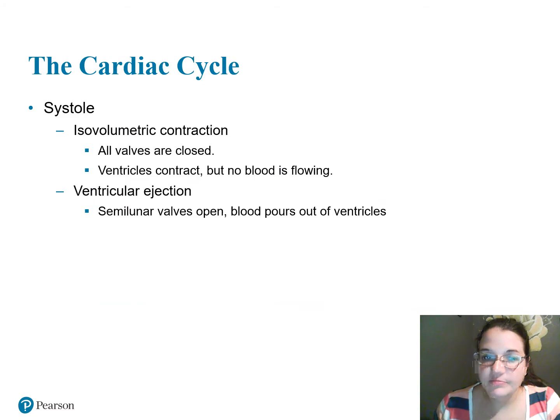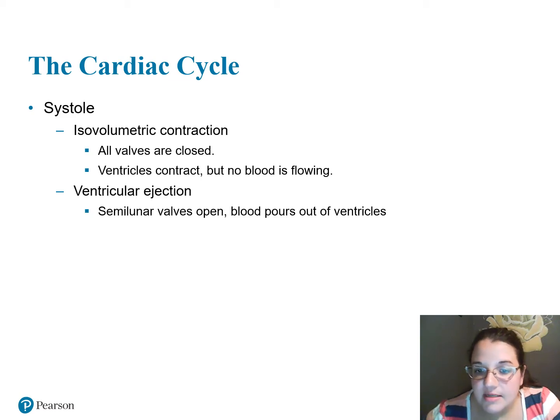Chapter 2. Okay, systole is going to be isovolumetric contraction. That's when all the valves are closed. The ventricles contract, but no blood is flowing. And then you have what's called ventricular ejection. This is when the semilunar valves open and blood pours out of your ventricles.